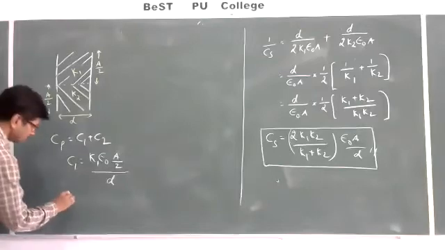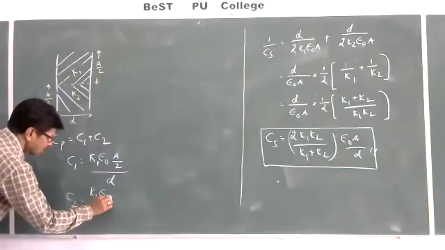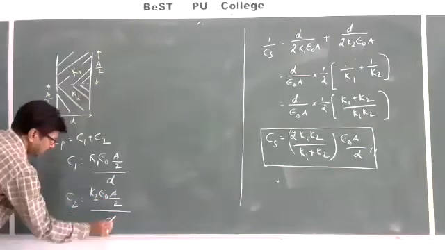Similarly, C2 is equal to K2 epsilon naught A by 2 divided by D.